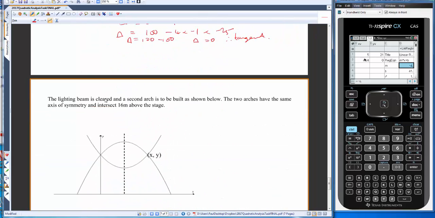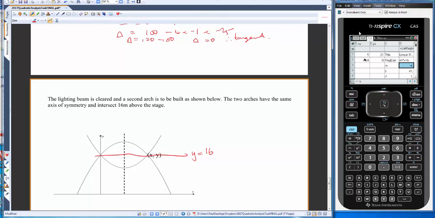Alright, the lighting beam is cleared and a second arch is to be built as shown below. The two arches have the same axis of symmetry and intersect 16 meters above the stage. So what we know is this line here is the line y equals 16.